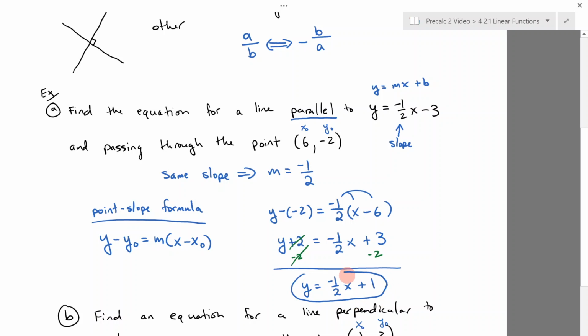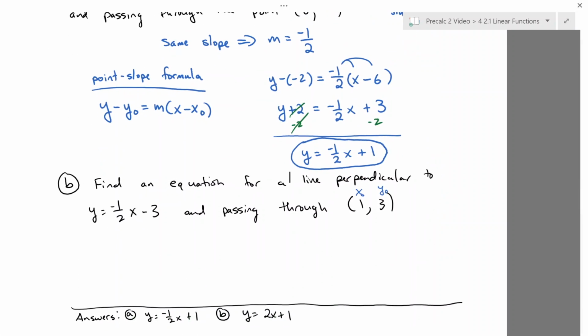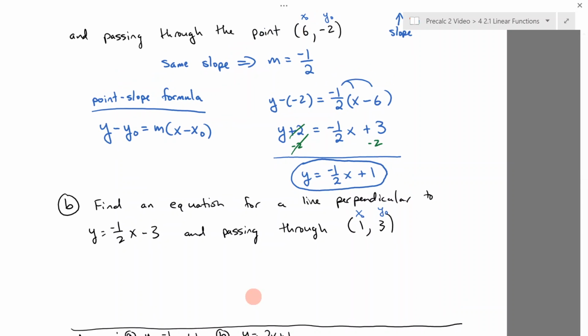You can see that my parallel line has the same slope as the original line, but a different y-intercept. So it's not the exact same line. It's parallel to it. We can check the answer at the bottom of the page.